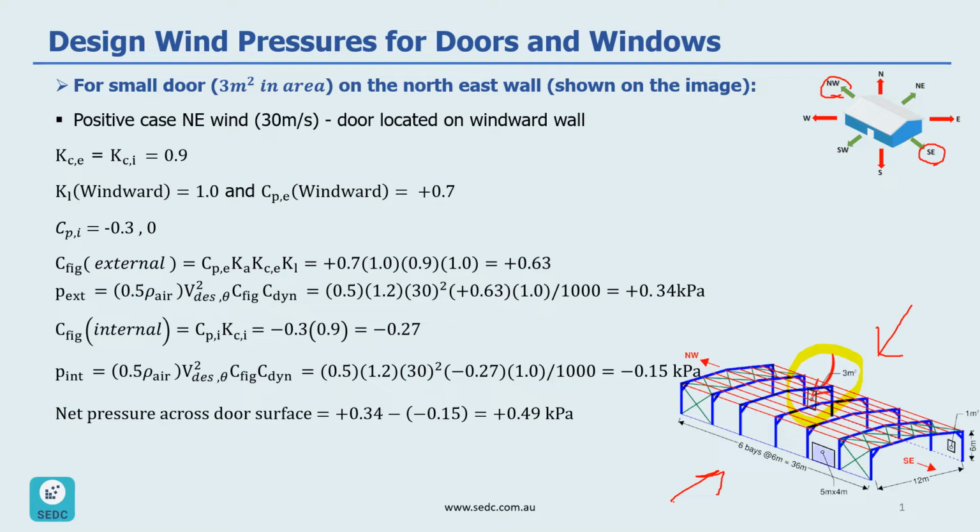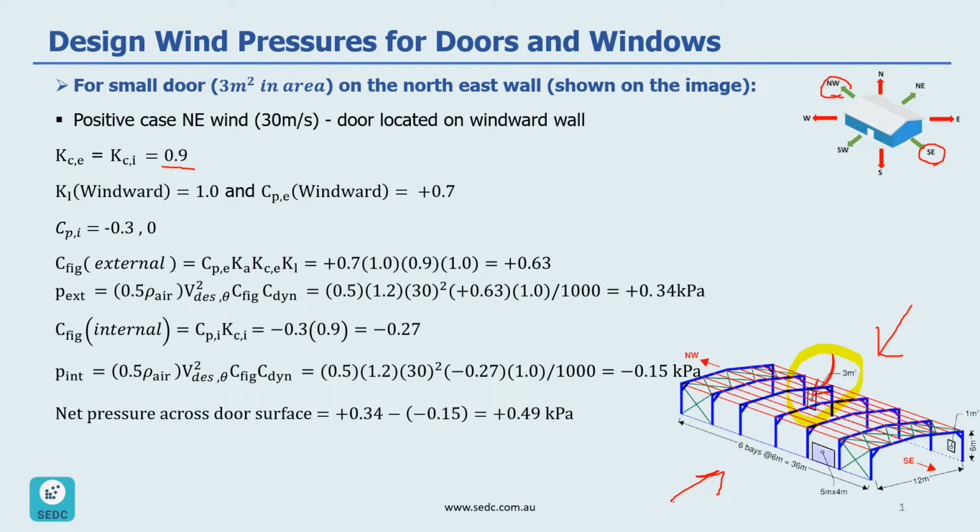So let's look at the first situation, which means positive case, positive pressure, and related to wind load in northeast direction. So in this direction, the design wind speed would be 30 meter per second. KCE and KCI are going to be 0.9 because this is related to the case for when we have internal and external pressures.